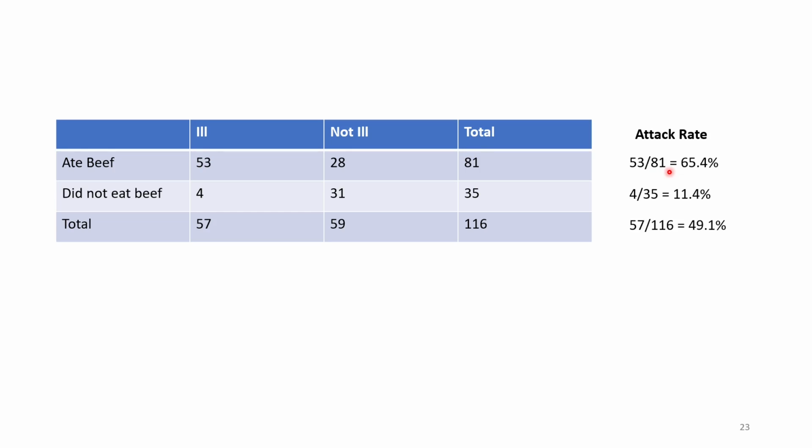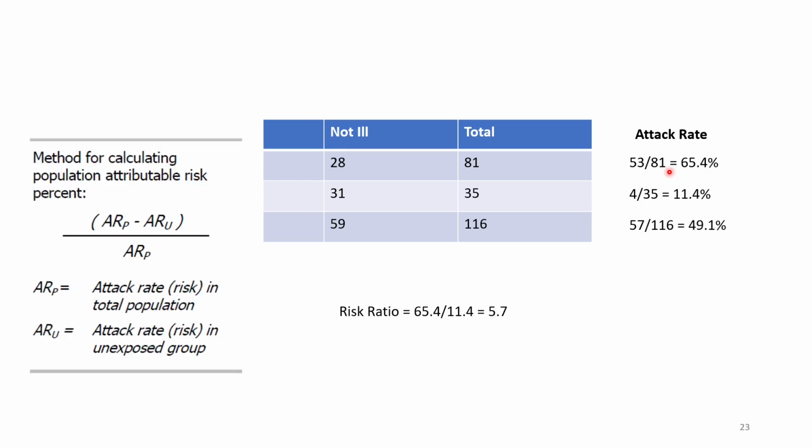And the overall attack rate is 49.1. Okay, so we are calculating the risk ratio, which is coming out to be 5.7, and we are going to calculate the population attributable risk, which is nothing but attack rate in total population minus attack rate in the unexposed group divided by attack rate in total population, which comes out to be 76.7. You might ask me, you're telling too many numbers, what are all these? I'll explain it simply.